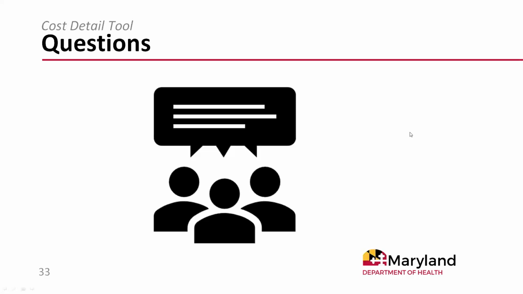Whatever those services are in the person-centered plan, that is when you're going to use the cost detail tool to map those person-centered plan services to our legacy services. And we will use the cost detail tool then to update, revise, increase, change authorization in PCIS2. So we don't want you just to go in and copy and mirror what's in PCIS2. It's really based on that approved person-centered plan.